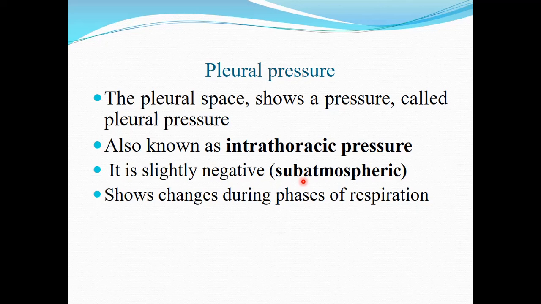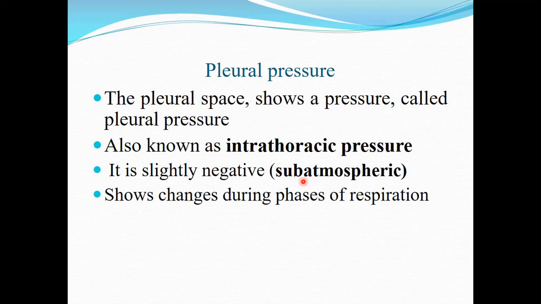because this is not an absolute negative pressure. Instead, by negative pressure we mean that the pressure is slightly less than the atmospheric pressure. I am again repeating it, that the pleural space shows a pressure called pleural pressure.